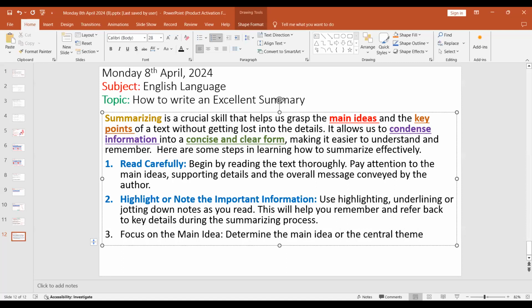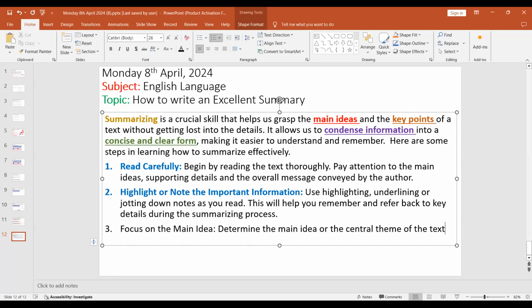And when we say central theme, we're talking about the overall message of the text, right?